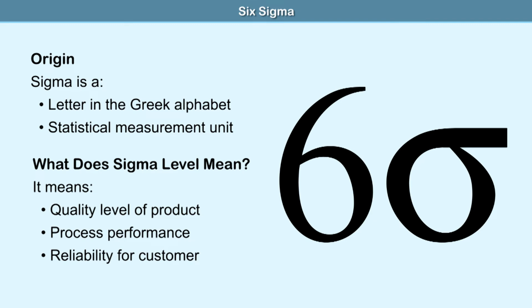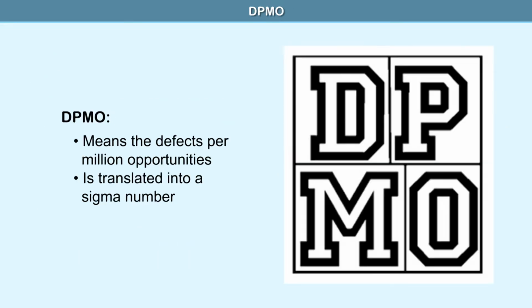Quality level of product, process performance, reliability for customer. DPMO means defects per million opportunities. This is translated into a sigma number.